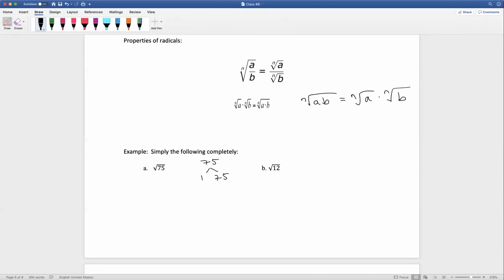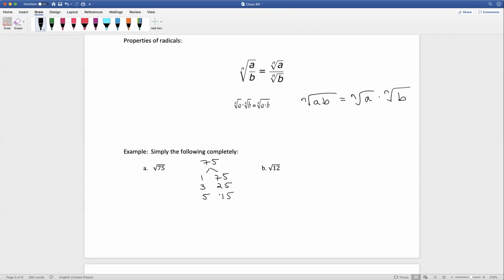So let's start off with 1 and 75. Taking my calculator out. 2 doesn't go into 75. 3 and 25. 4 doesn't go into 75. 5 goes into 75. 5 and 15. I don't think we have any other factors, so that's it.